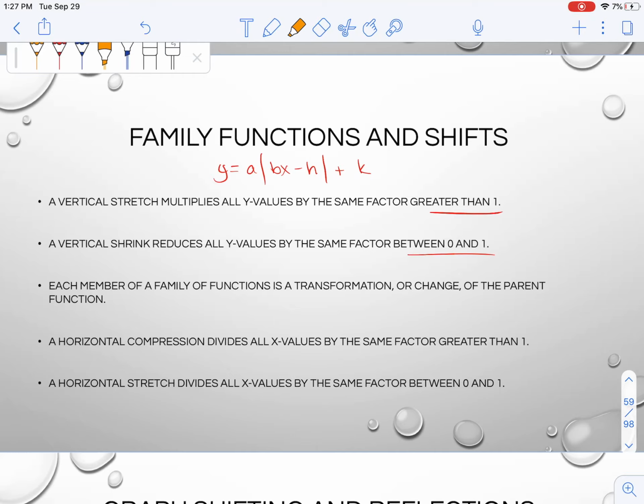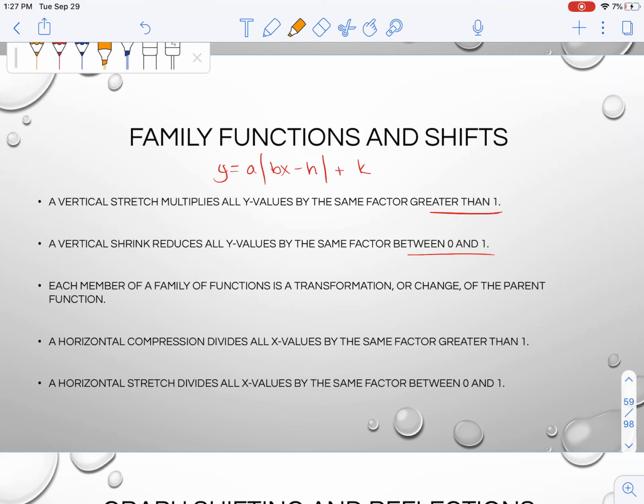It's going to have to look taller, even though it's a horizontal compression. It's going to divide all of my x values by whatever that horizontal compression factor b is, assuming it's greater than 1. A horizontal stretch is going to divide all the x values by the same factor. If it is between 0 and 1, it's going to stretch it out.